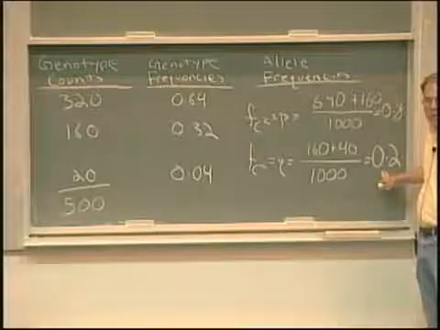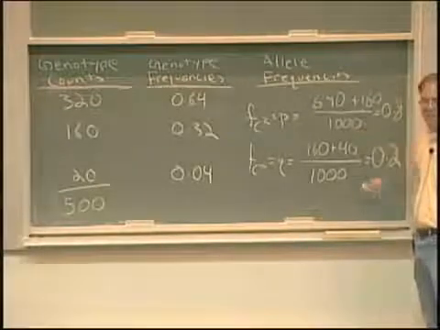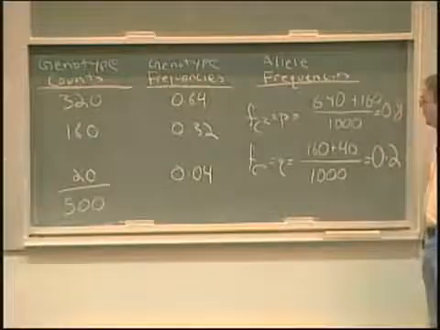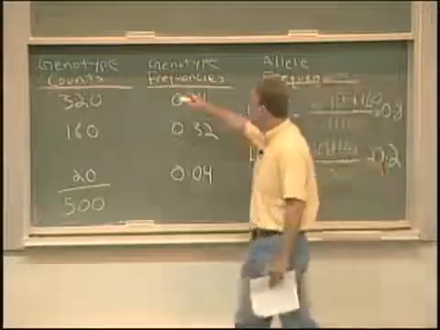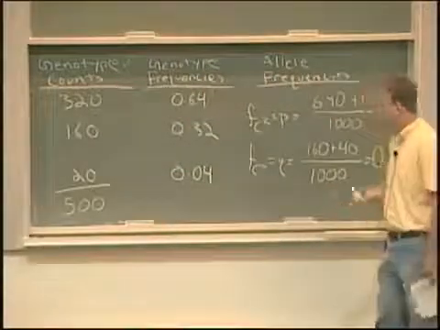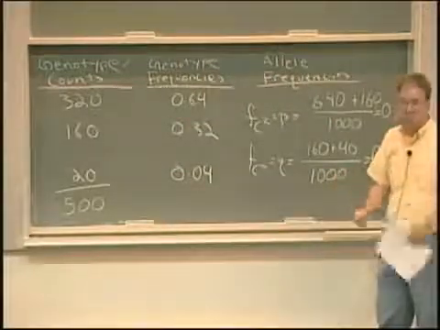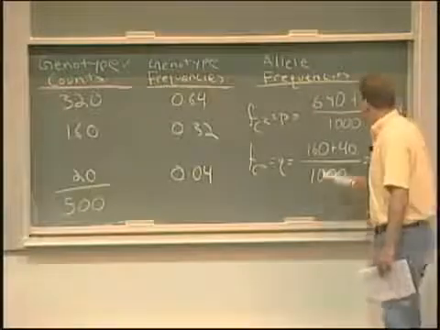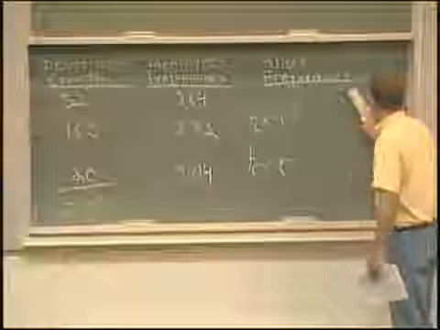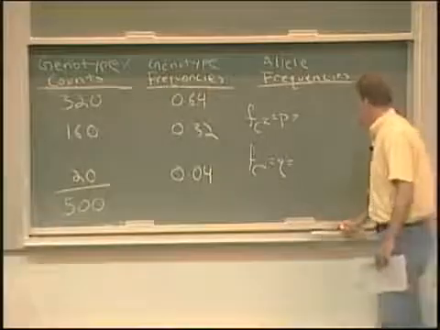And that works perfectly fine as long as you didn't make a mistake here, using this fact that these frequencies have to sum to 1. Anyway, so that's the method that uses the genotype counts. And that would be appropriate in situations where somebody tells you the genotype counts. Okay. There's another method which is just as easy, which uses the genotype frequencies.